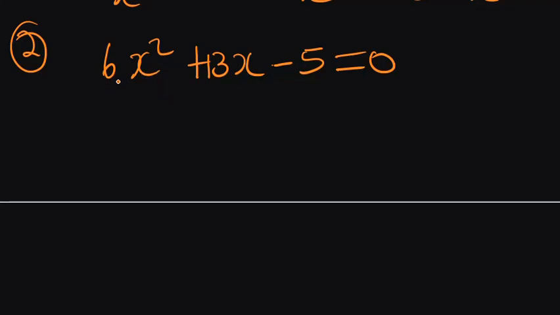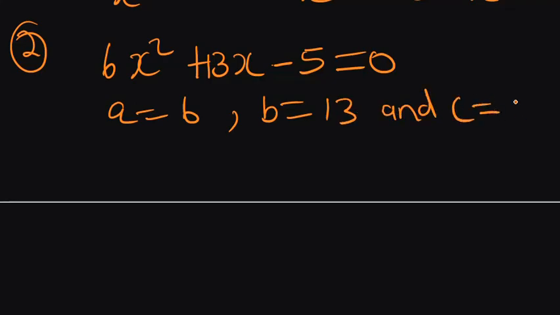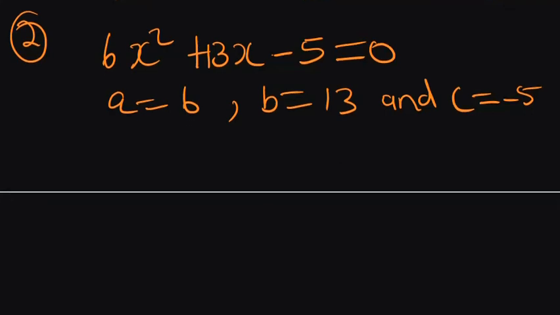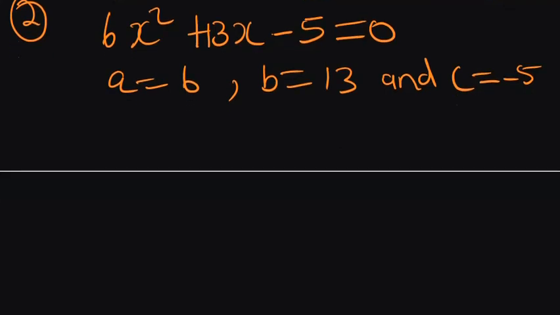If you have an equation like this, you can apply the quadratic formula. We can say a is equal to 6, b is equal to 13, and c is equal to -5. Since we have this type of equation, we can apply the quadratic formula.